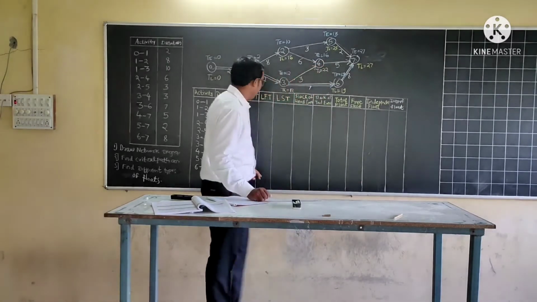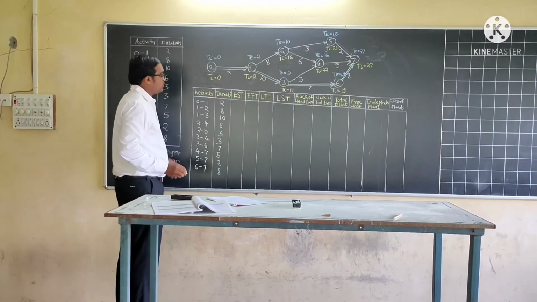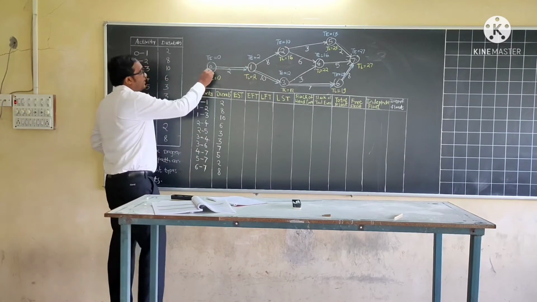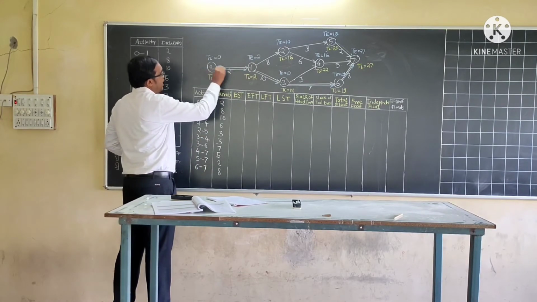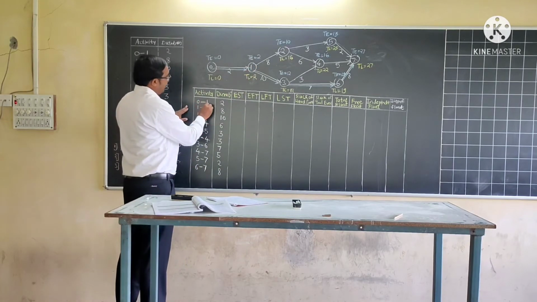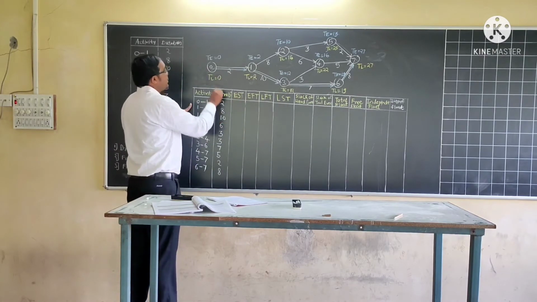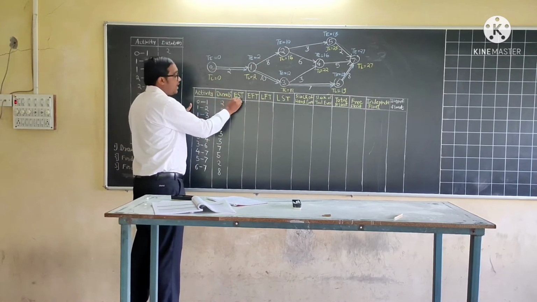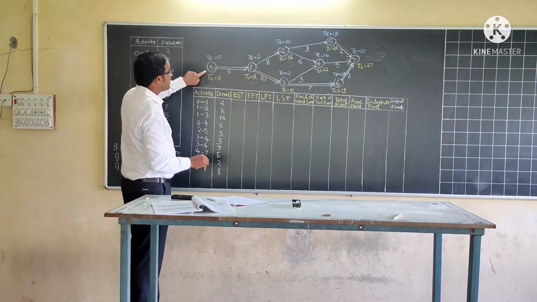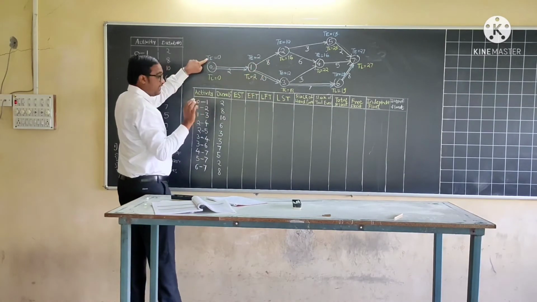Let us start with EST, that is early start time. When we talk about activity 0 to 1, activity 0 is the starting activity and activity 1 is the end activity. As the name suggests, for early start time we consider the TE value of the starting activity.